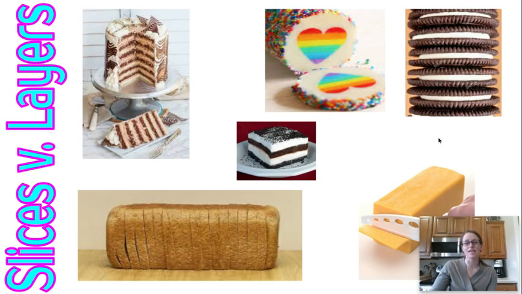So in order to get different layers versus slices, I might have to do different types of cutting. When I'm putting my cut through my object, I'm going to cut either vertically or horizontally. So we're going to have to pay attention to that as we're working through here.